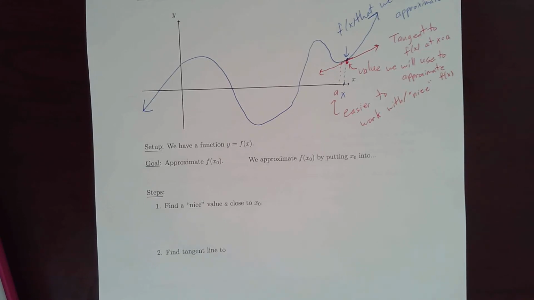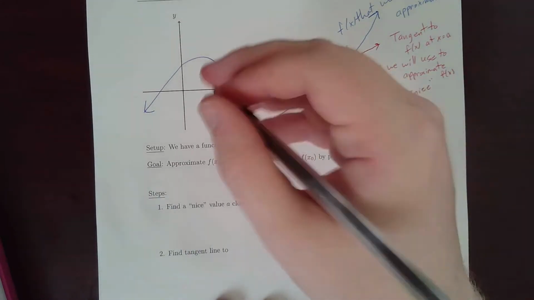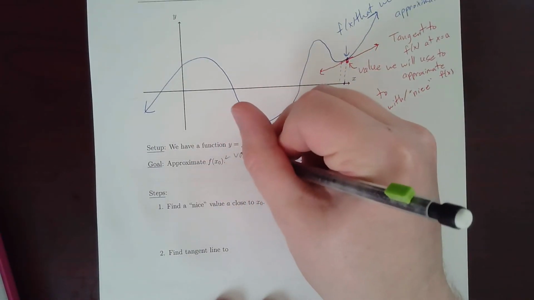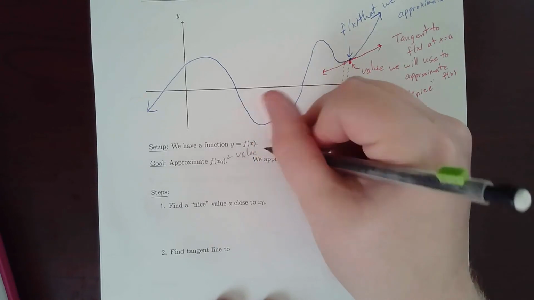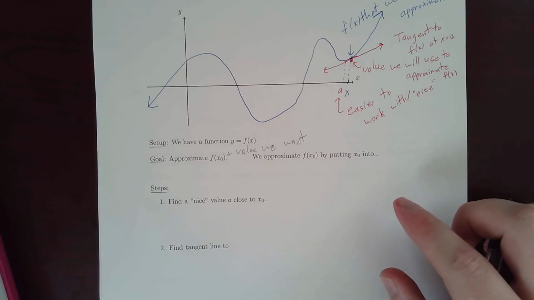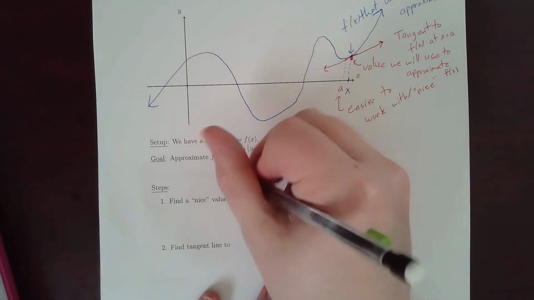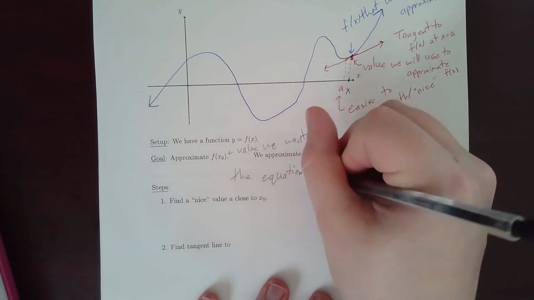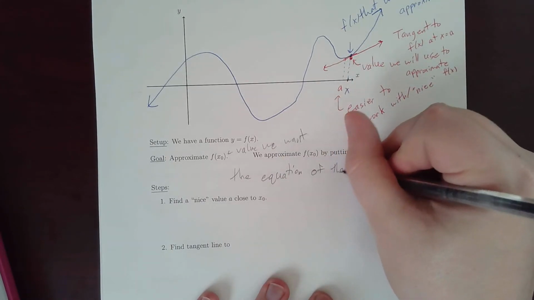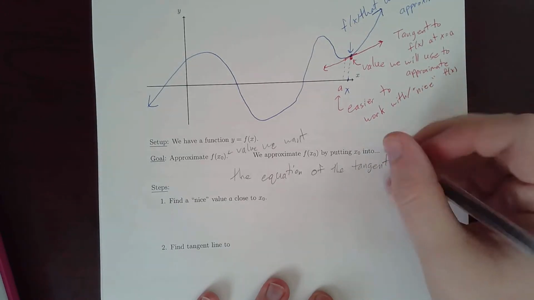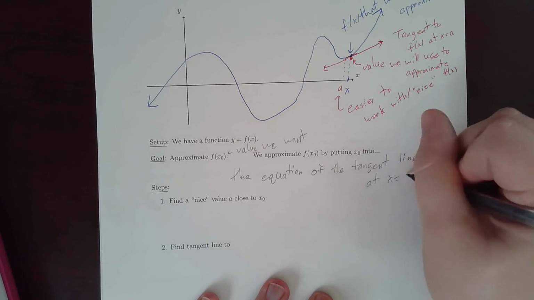Our goal is to approximate f of x naught, and so this is the value we want. And so we'll approximate f of x naught by putting x naught into the equation of the tangent line at x equals a.